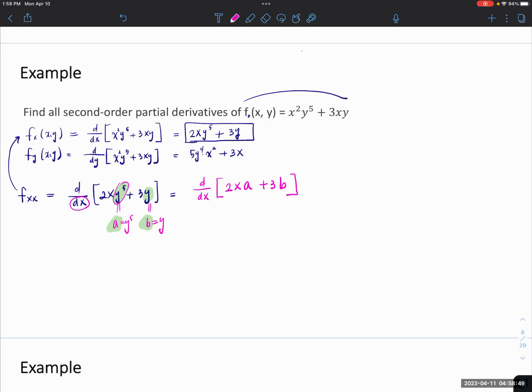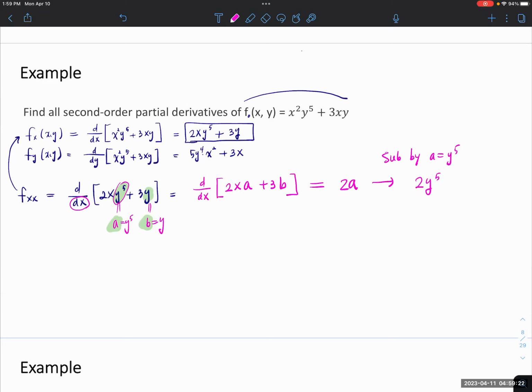So now what happened? When you take the differentiation, let's see what happened. 2a will be remaining, and then 3b will be 0. Am I correct? So now we are going back to substitute what the a was. We know a equals y to the fifth. So now it is actually 2y to the fifth.